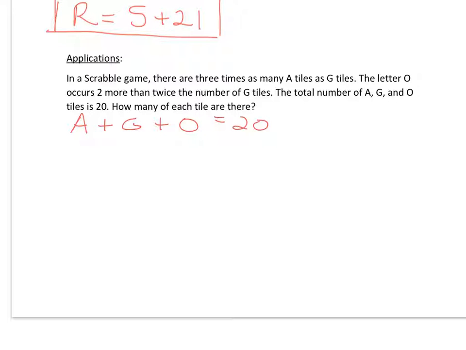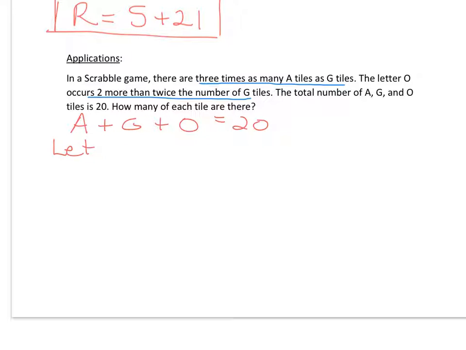If you think about it, we're saying there's 3 times as many A tiles as G tiles, and 2 more than twice the number of G tiles gives us the O tiles. See how both of those, the A and the O, are compared to G? So that means that we can solve this problem using just the number of G tiles as our variable.